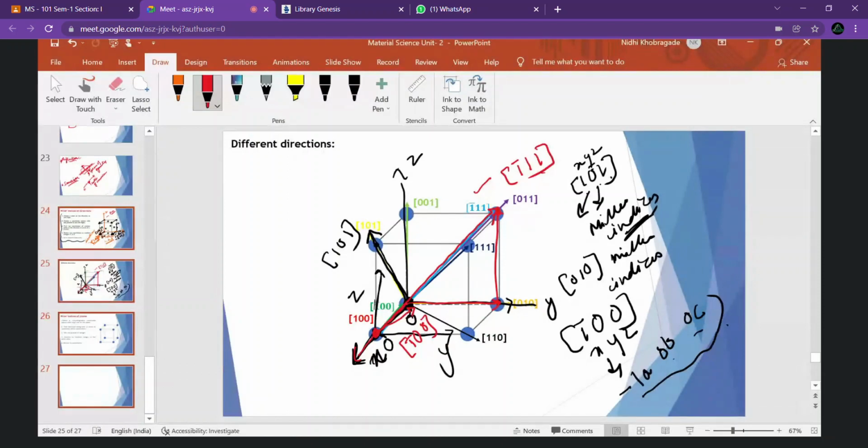Okay, so these are some of the examples for negative coordinates, either minus 1 1 1, or bar 1, or 1 1 bar 1, 1 0 1 bar, and so on. Okay. So we have seen some of the examples either on the positive side or in the negative side, right?